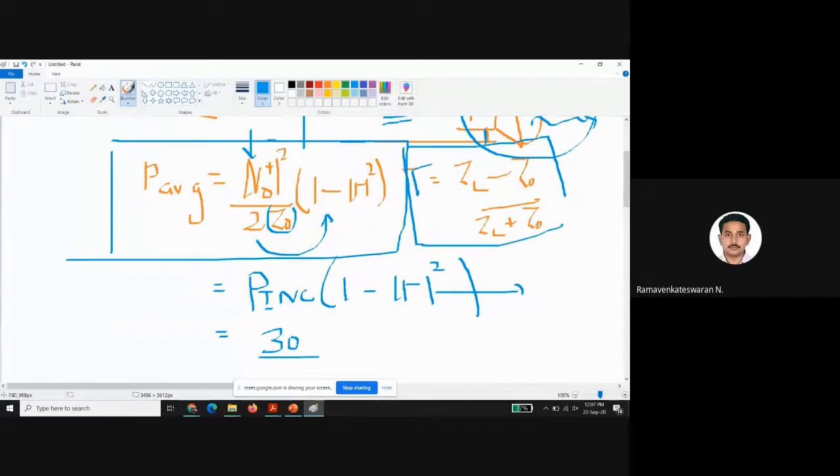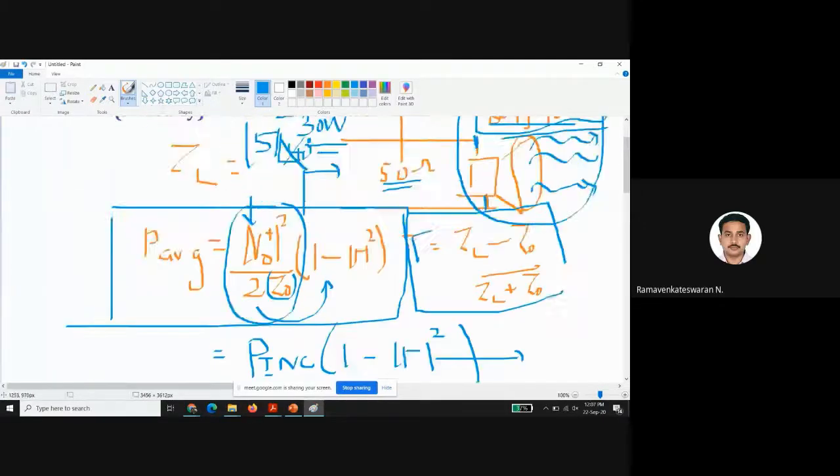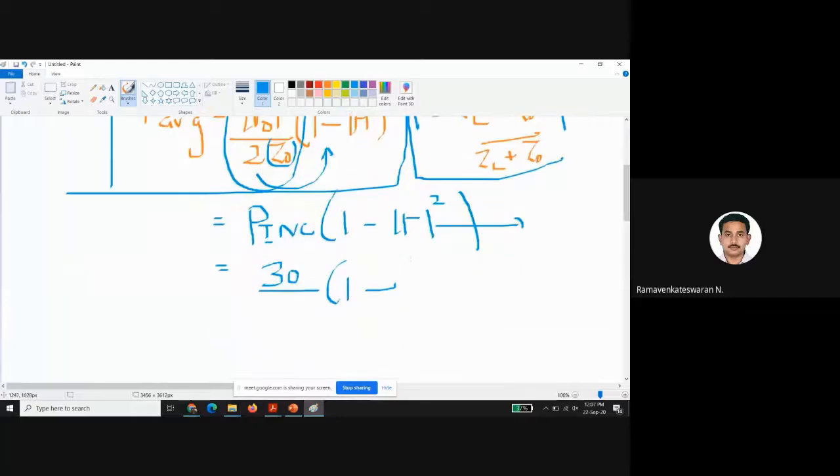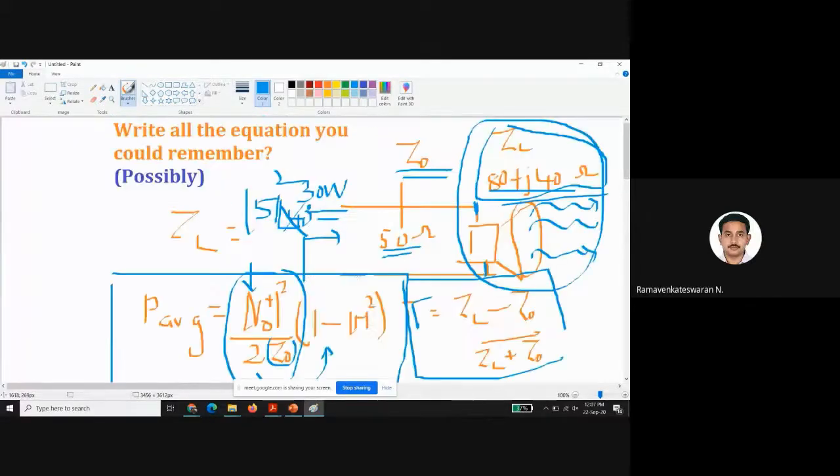So the total quantity is the incident power times 1 minus gamma squared. You could calculate gamma, substitute that value, and take the square. If it is 0.33, let us take 0.33, take the square, and what we get is the power actually delivered to the antenna.